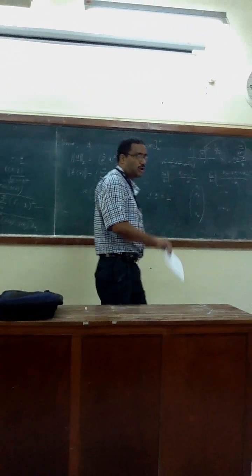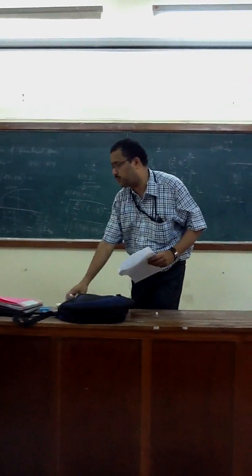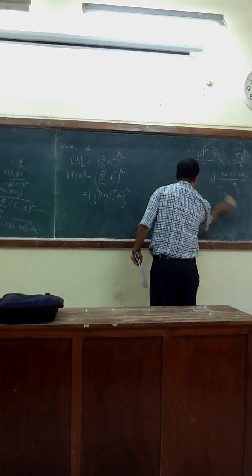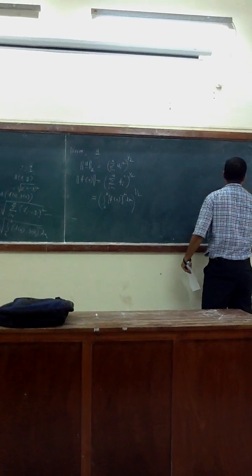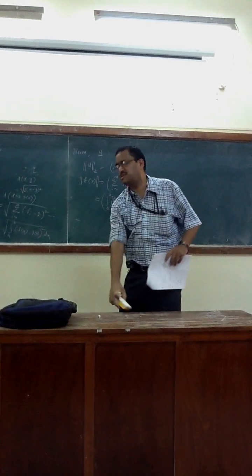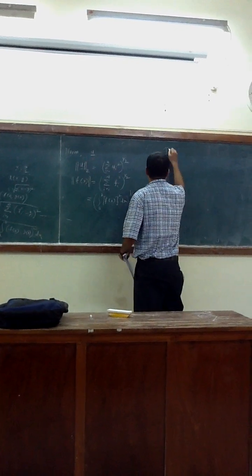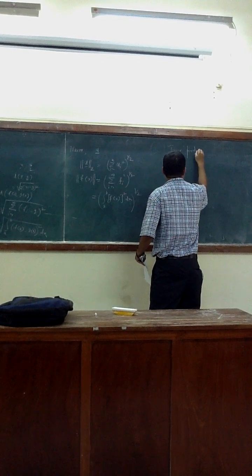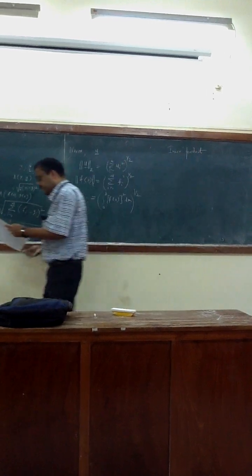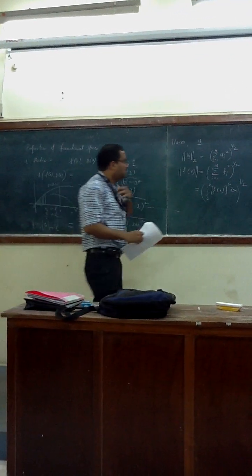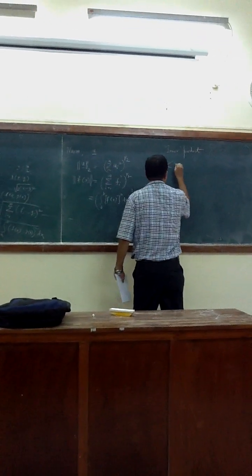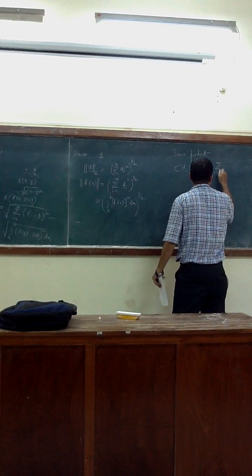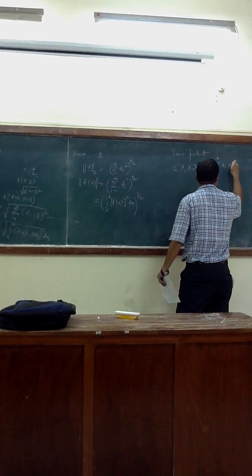Next is inner product. In vector space, what did we do? Inner product of u and v is summation i equals 1 to n, u_i v_i bar.